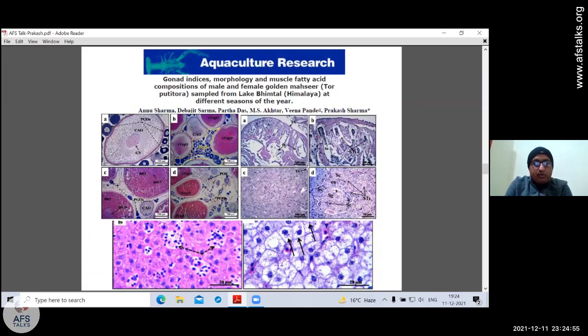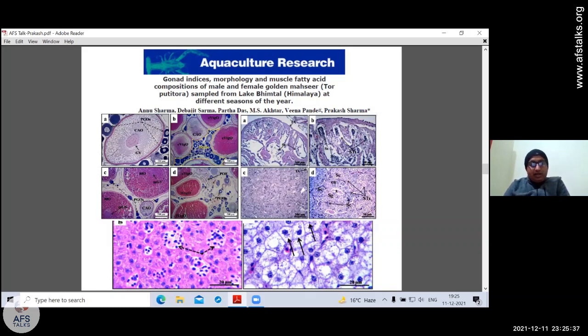Another type of work we are doing in reproductive biology is the study of the seasonality of the gonad. So we did the gonadal seasonality study on the golden mahseer. And we found some interesting things, like how gonadal seasonal changes bring a shift in the histology of the germ cell dynamics.